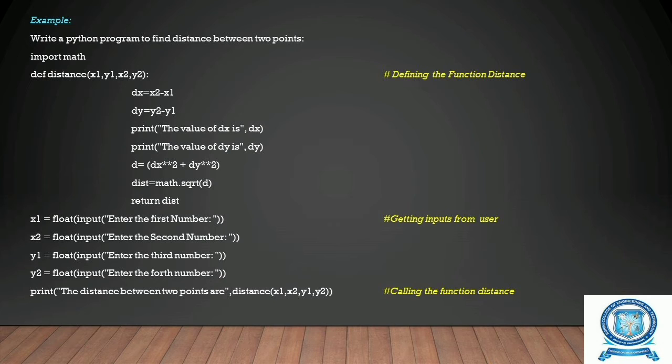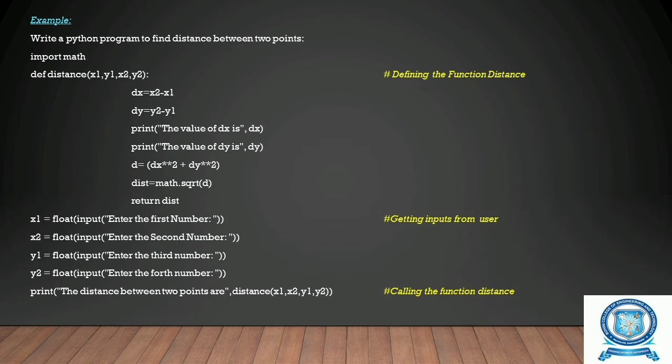So, x1, x2, y1, y2 are obtained as input. The first number will be given as x1, the second number as x2, the third number as y1 and the fourth number as y2. After getting all these points, the next one is the distance function call, distance of x1, x2, y1, y2.